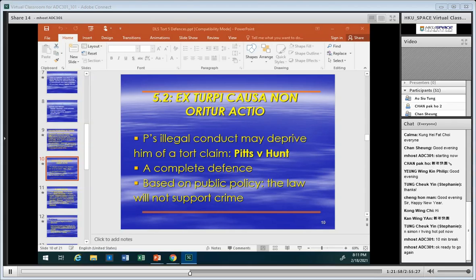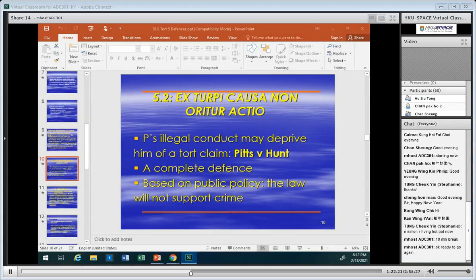Okay, so we carry on now with our defences to negligence. We've already covered Volenti. Remember, Volenti is a total defence, so that if the defendant succeeds in proving Volenti, the plaintiff gets no damages. Similarly with ex turpi causa or illegality, this is a complete or total defence.